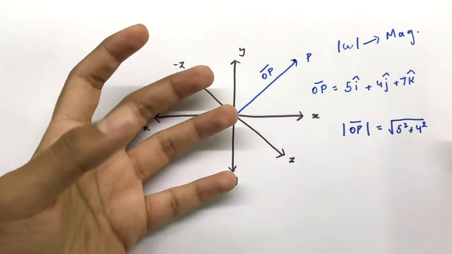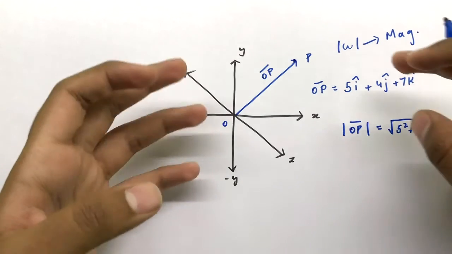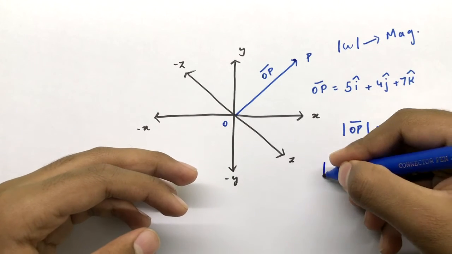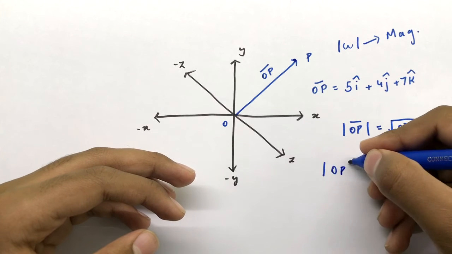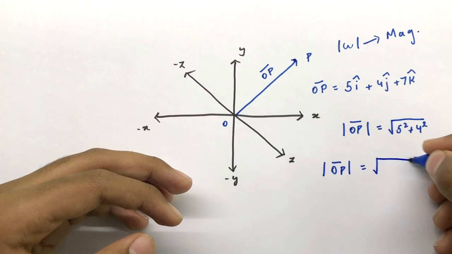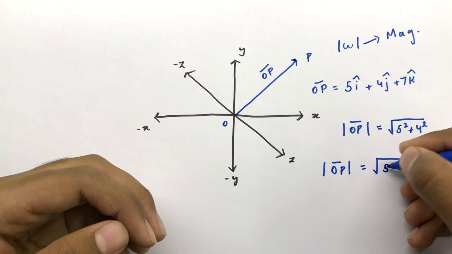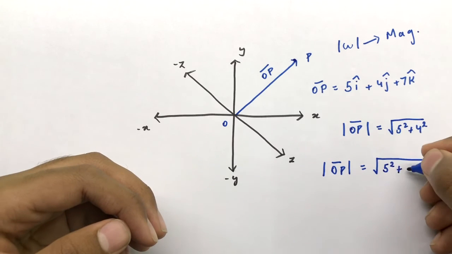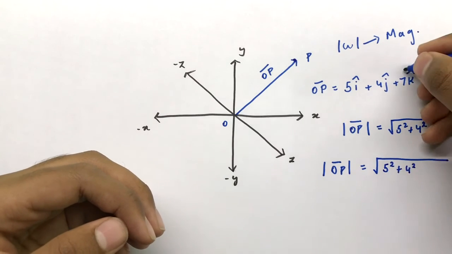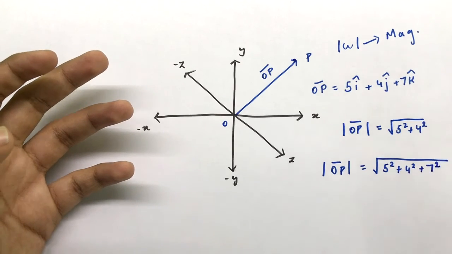So we're just going to extend that. Now since we have a third component of this vector, all that we'll have to include in the magnitude equation, mod OP bar is equal to under root, of course the first component comes as it is, 5 square plus 4 square. We just have to include the k cap part too, plus 7 square, and that is it.